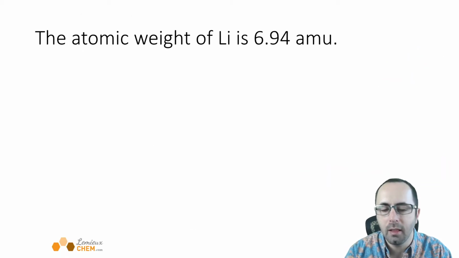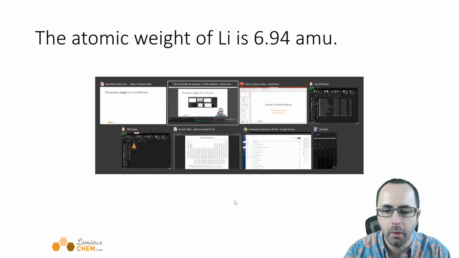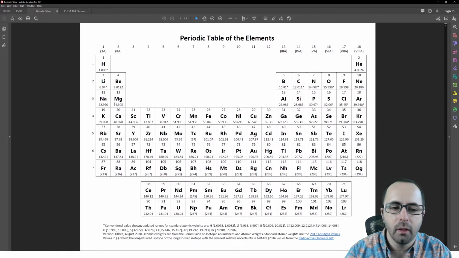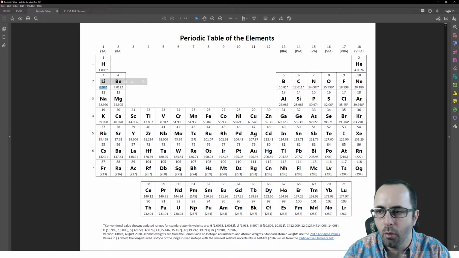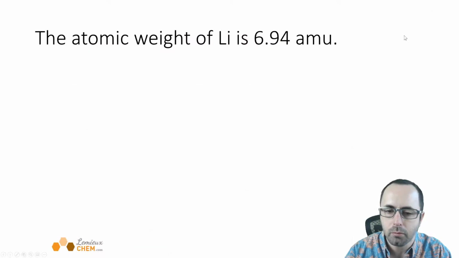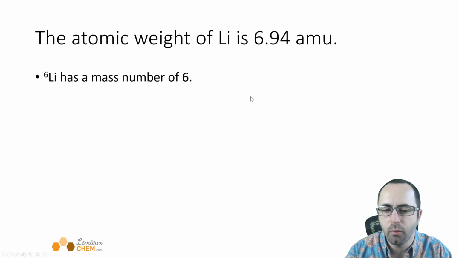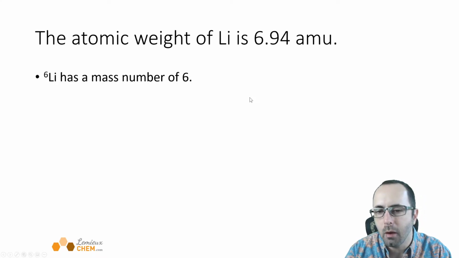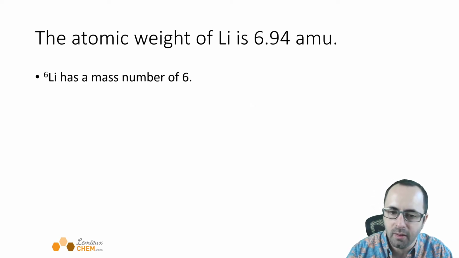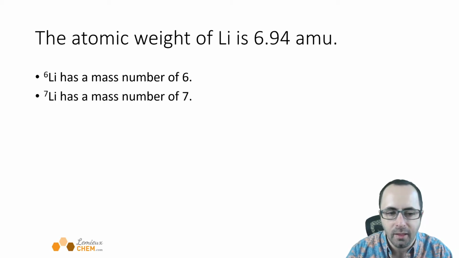So let's look at lithium on the periodic table. Lithium right here has an average atomic mass of 6.94 AMUs. This is because we have a certain amount in the environment of lithium-6, which has a mass number of 6, and lithium-7, which has a mass number of 7.